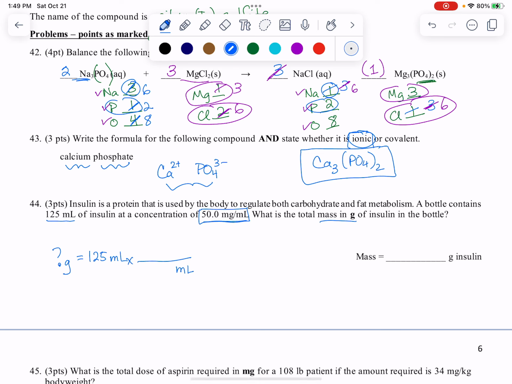I'll need milliliters on the bottom and milligrams on top, and that's 50 milligrams in 1 milliliter. And I'm looking for grams, so I'll change that milligrams to grams. In 1 gram, there are 1,000 milligrams, and I will punch that in my calculator, and you end up with 6.25 grams of insulin.